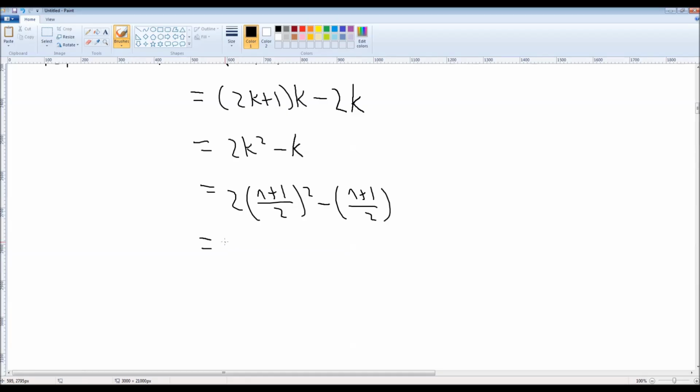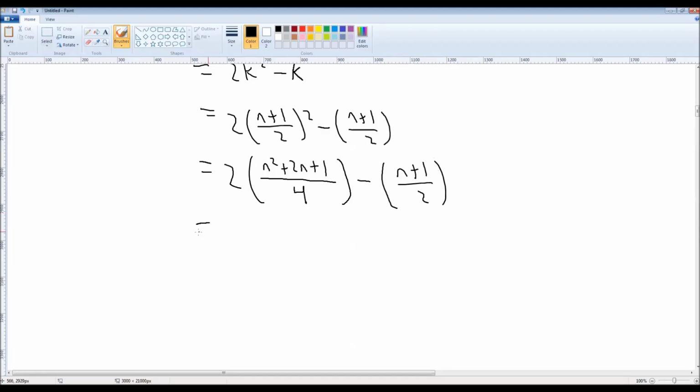Simplifying this, what do we get? Foil the numerator with itself. Denominator 2 times 2 is 4. This 2 and this 4 turn this term on the left to a fraction over 2.